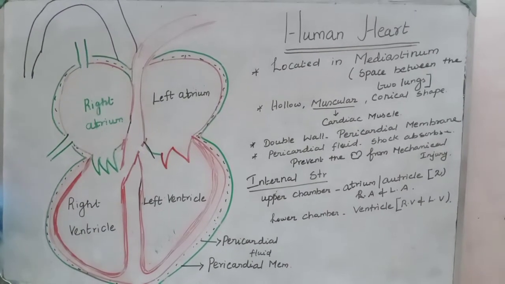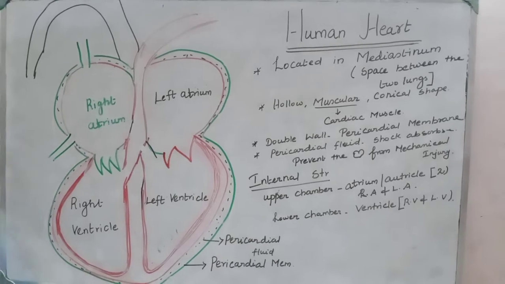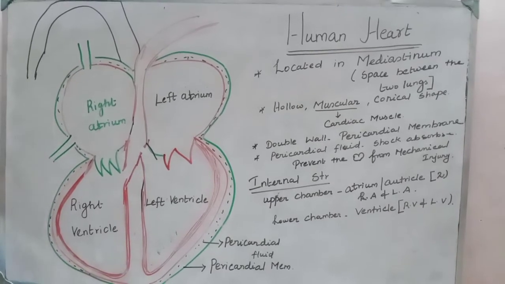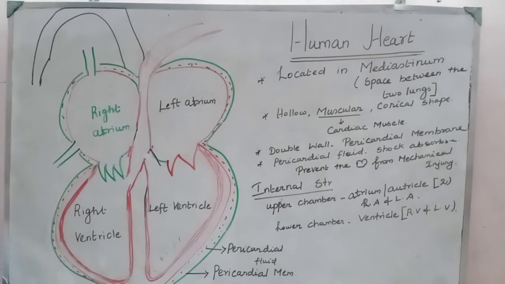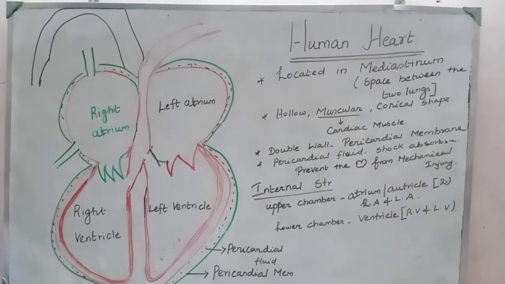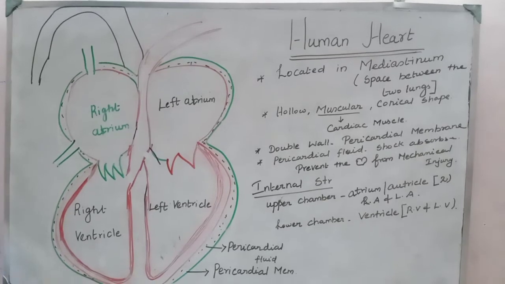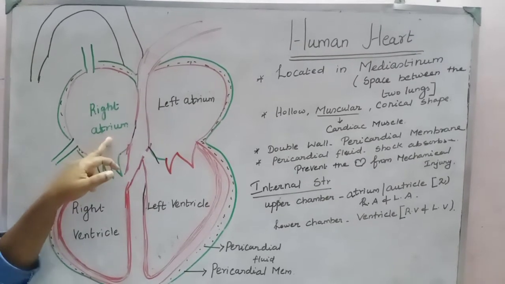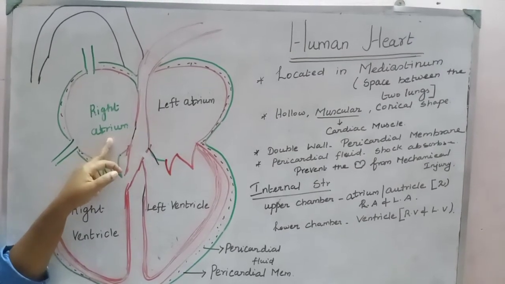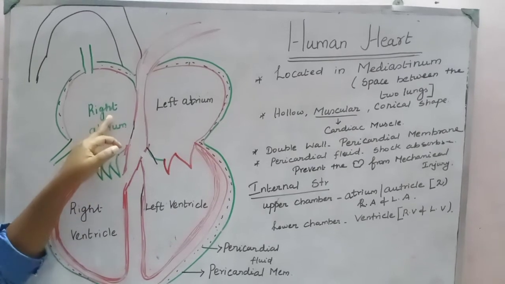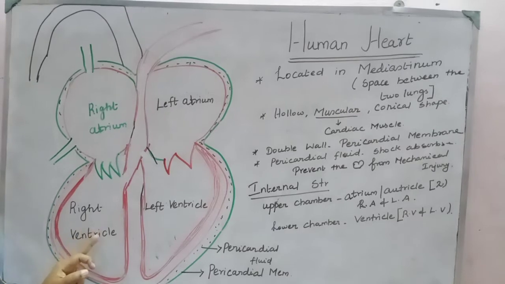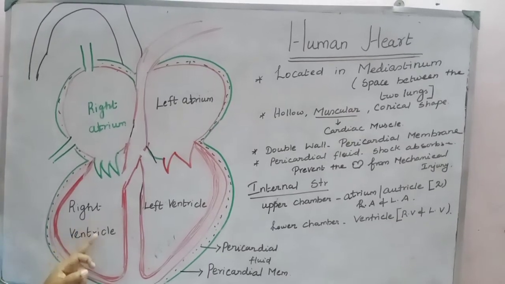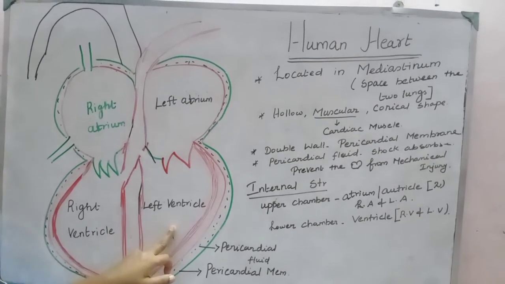Because we are warm-blooded animals, we need an efficient supply of energy to every part of our body. That's why we have a four-chamber heart, especially mammals and birds. The upper chamber is the atrium or auricle, right atrium and left atrium. The lower chamber is the ventricle, right ventricle and left ventricle.